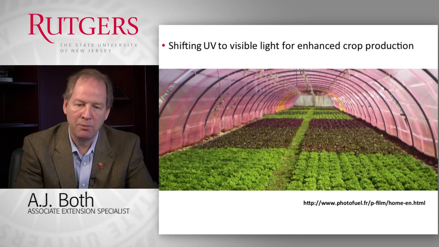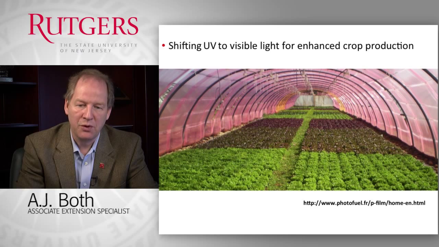So the UV component is typically not used by plants for photosynthesis, and by shifting that light into the visible light, or the photosynthetically active radiation part of the spectrum, we can increase that quantity of light that plants then can use to grow and develop. So we use this film to modify the spectral qualities of sunlight to try to boost plant productivity.